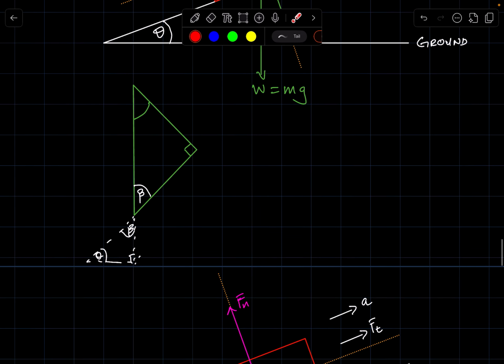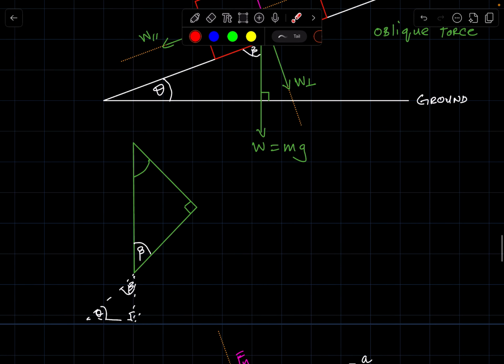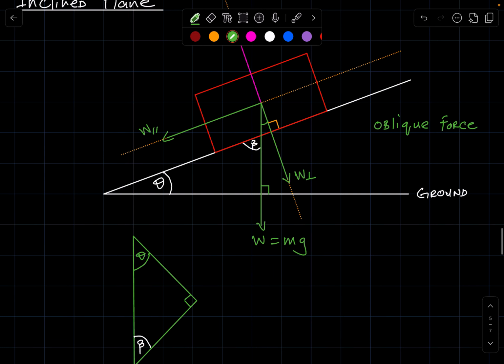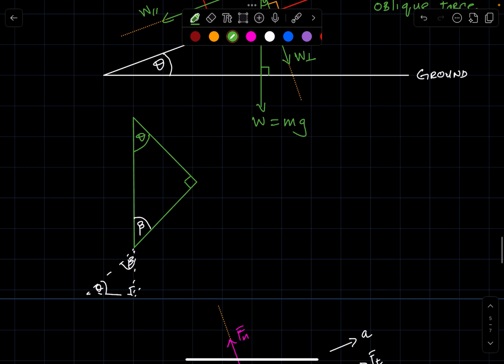Now if 90 minus theta gives us beta, it means that 90 minus beta gives us theta. That is to say that 90 minus beta gives us theta. So that angle is equal to theta. This angle here is equal to theta, and we've just proved how that angle is equal to theta.